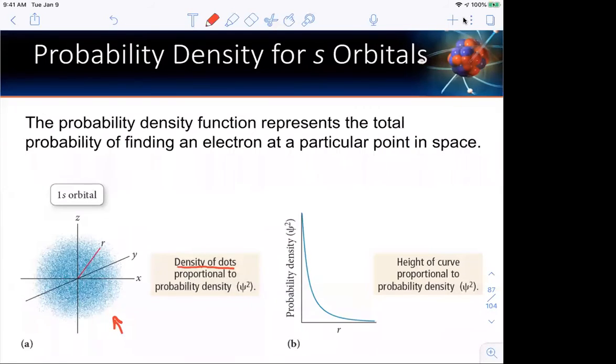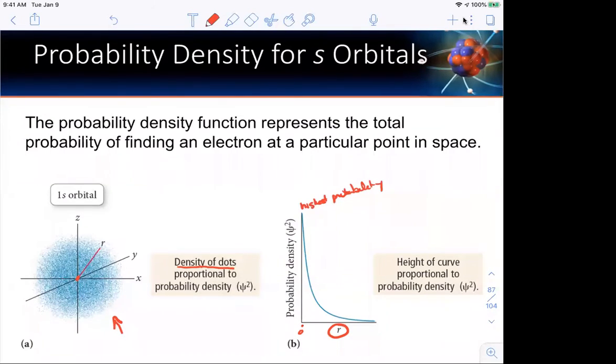However, if I look at this curve, this is going to say, here's my distance from the nucleus, right? If this is 0, as I go away, here's my highest probability of finding the electron in this s orbital. And you can see, hopefully, that you get bluer as I go in towards the origin, which would be the nucleus.